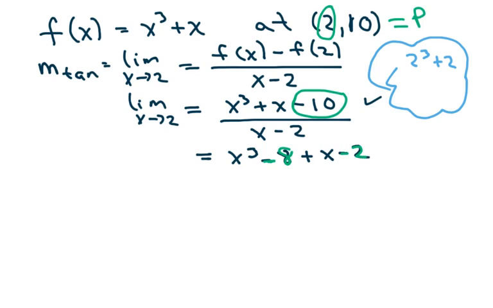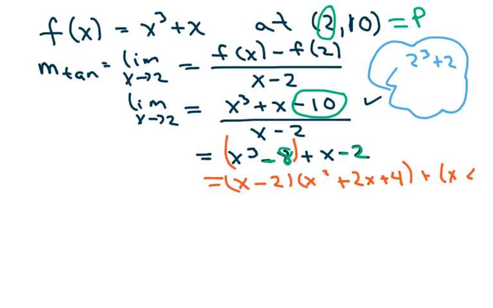So you know this part here follows our cubic formula, which would be x minus 2 times x squared plus 2x plus 4. And then you have your plus x minus 2. Now, this is 1 times x minus 2. Okay? So basically, what we're used to seeing is more like this.